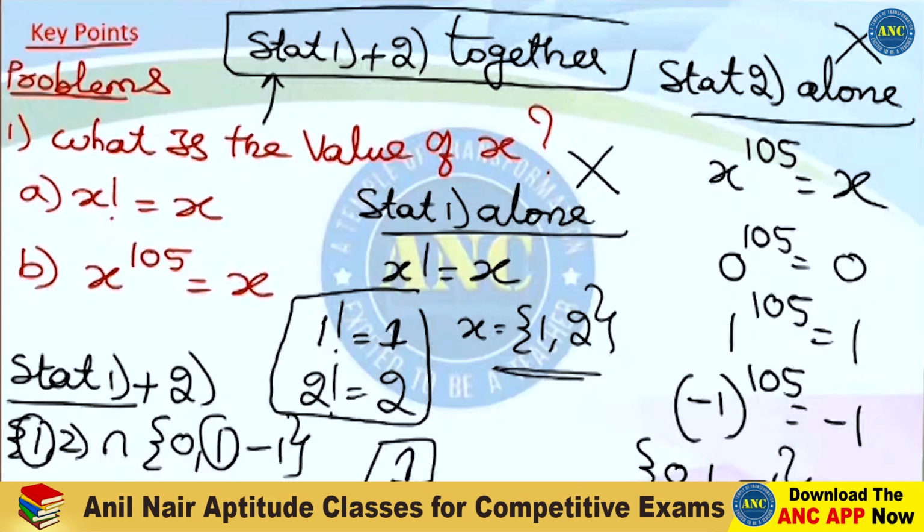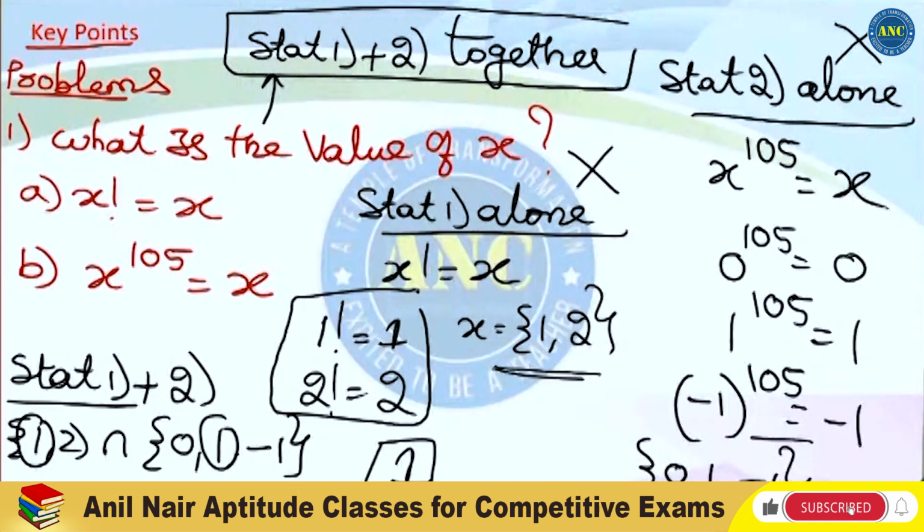More than one answer means I should go to the next statement. 0 power 105 is 0, 1 power 105 is 1, and minus 1 gives minus 1. 3 values I got, so then I will combine.